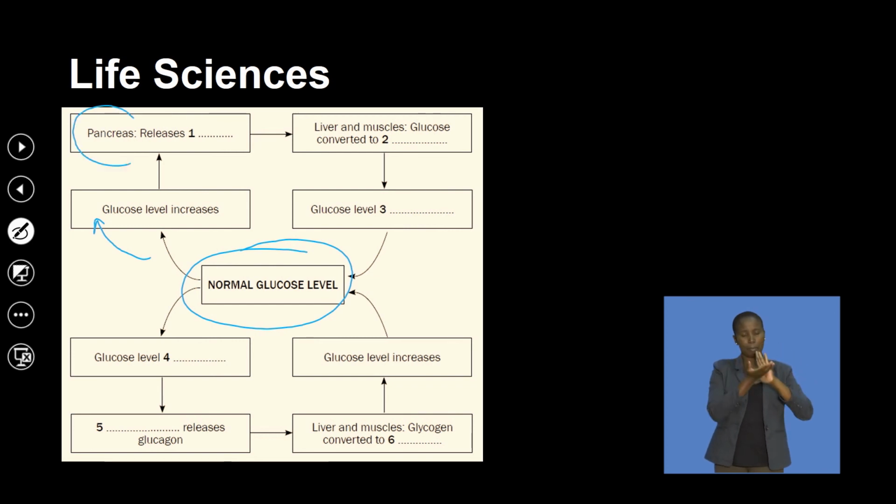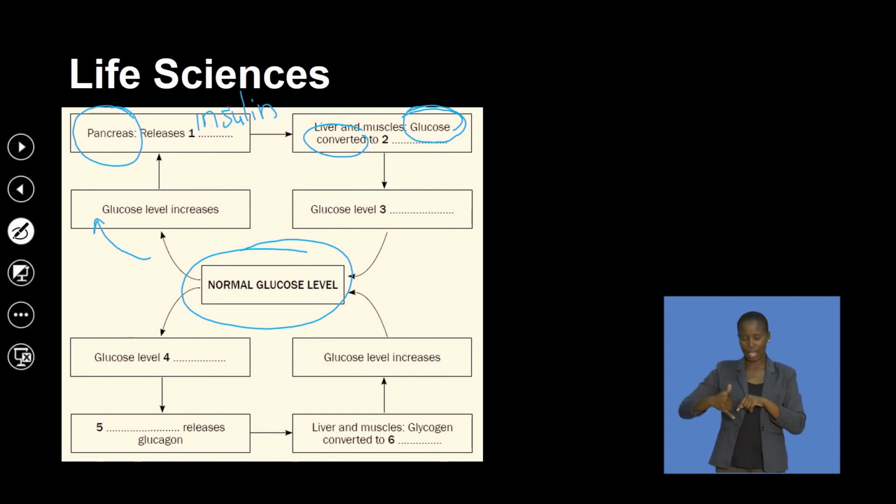The pancreas, an organ which picks up the stimulus, will need to release a hormone. And that hormone that it releases converts the glucose and stores it in the liver. So we know that the pancreas produces two hormones. The first hormone it produces is called insulin. And insulin helps to convert the glucose and store that in the liver and muscles.